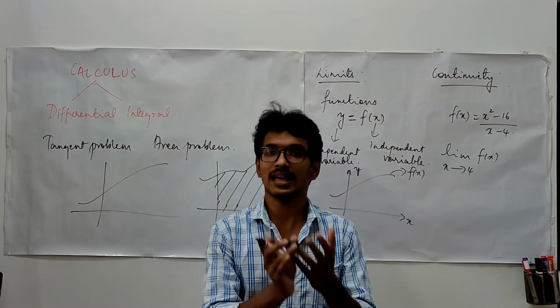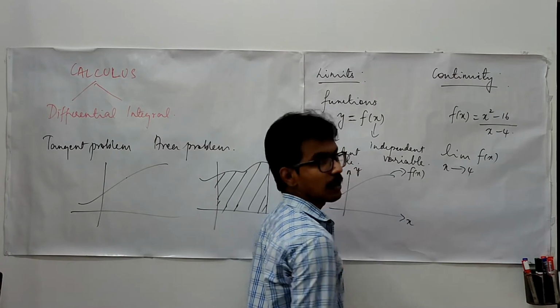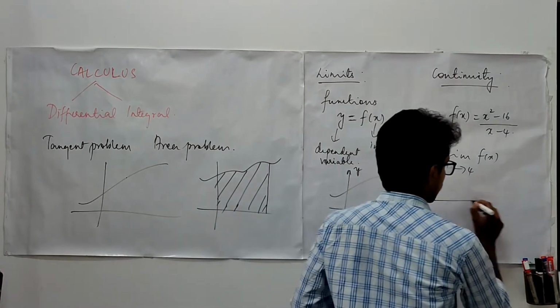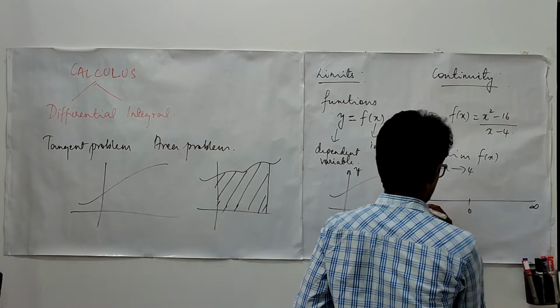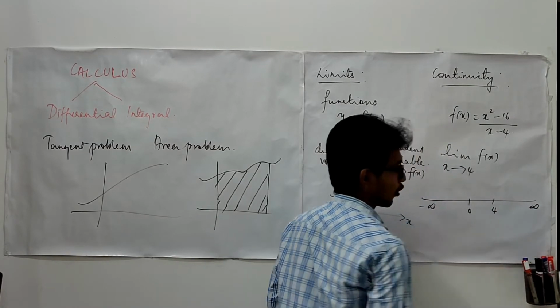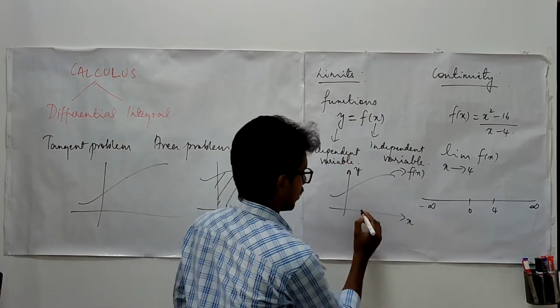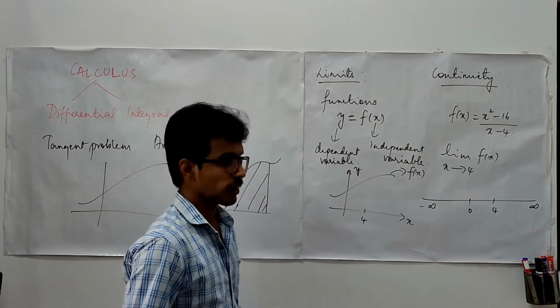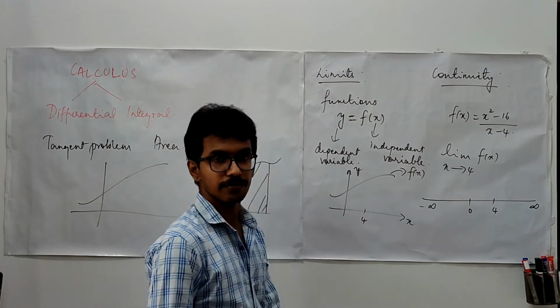But what do we mean by limit? Here we are saying x approaches 4. Okay, in the real line, let this be 0, infinity and minus infinity, let this be 4. We are saying our x value approaches 4. Maybe here we may plot. My x is approaching 4, right?